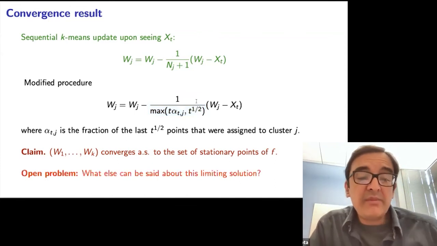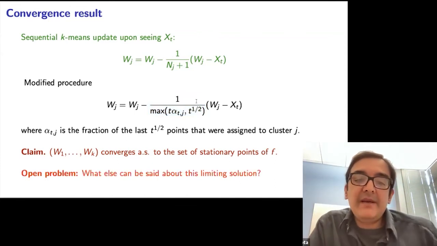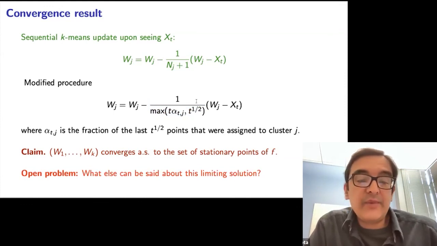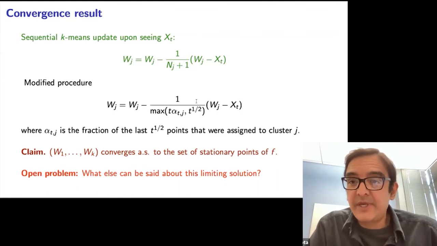But the open problem over here is what else can we say about what this algorithm is converging to? Is this it? Can we say something about its solution being good in some other sense? It's such a simple procedure, so there should be some clean answers for it one way or another.